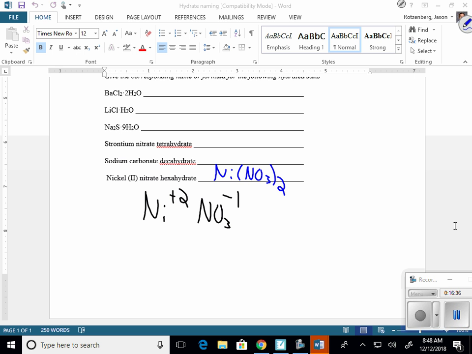NO3 is in the parentheses, 2 on the outside. But then we see hexahydrate, so we put a dot to represent that loose bond with water. Question or answer? Okay. 6H2O. Hexa is the prefix for 6. Hydrate means water.